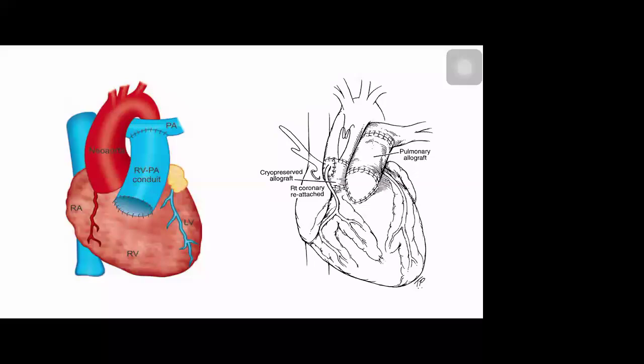Then on the right hand side, you can see that these surgical steps are followed when there is significant truncal valve regurgitation, because there you cannot keep the incompetent truncal valve. You have to replace it with an allograft, and then the coronary arteries are reattached over that allograft. The rest of the surgical plan remains the same.